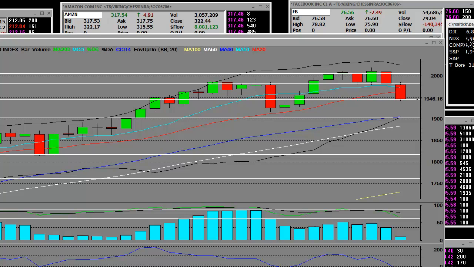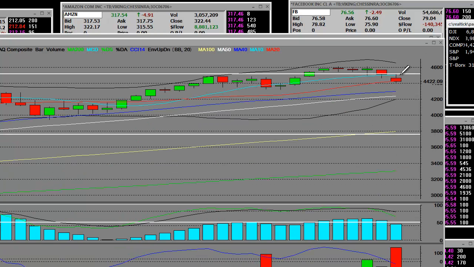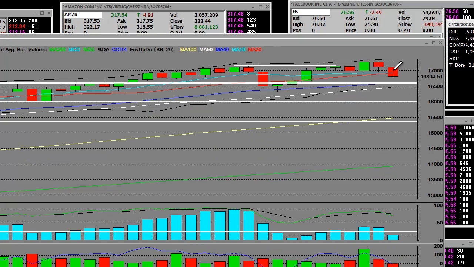So basically, I want to just close it out. The NASDAQ is below that blue line. NASDAQ composite, that's a 20-week, sitting on the 20-week, the red one, right here. You've seen it. Now on a Dow, it's just now starting to break below the 10 and the 20-week moving average.